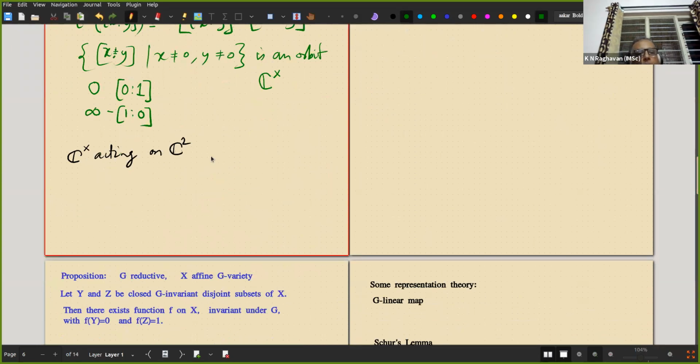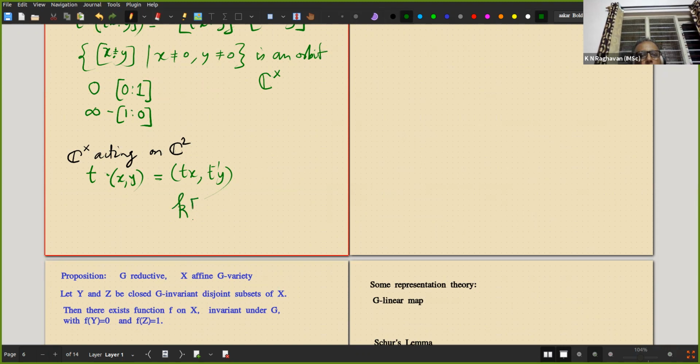Let us look at this once again to illustrate the difference between the orbit space and this categorical quotient. So what is the action? T times xy, let's define it to be Tx, T inverse y. If you do this, then x is C square, so k[X] will be the polynomial ring in 2 variables.